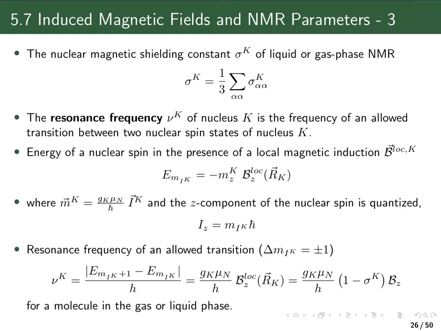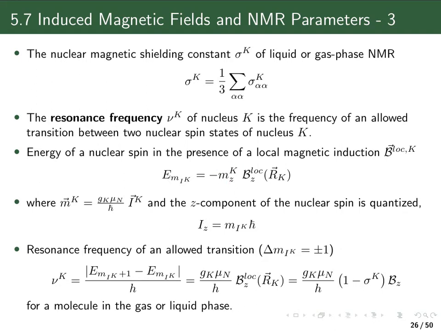Well, that's of course the product of the magnetic moment of the nucleus with the magnetic field at the position of the nucleus. And the standard definition is that the orientation of the field defines the Z component. So we have the Z component of the magnetic moment of the nucleus and this Z, which is the only component of this local field at the position of the nucleus.